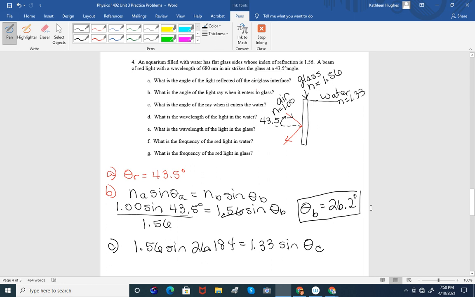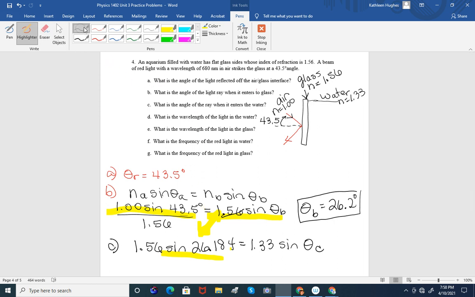One thing I want you to notice here is this is exactly the same as this, which had to equal this. We could have used 1 sine 43.5 has to equal 1.33 sine theta C because these two are exactly the same.